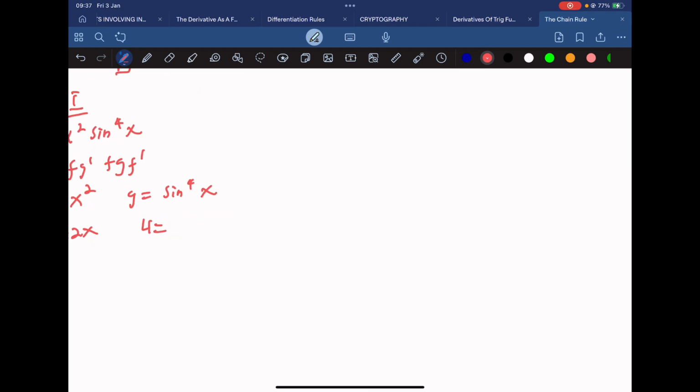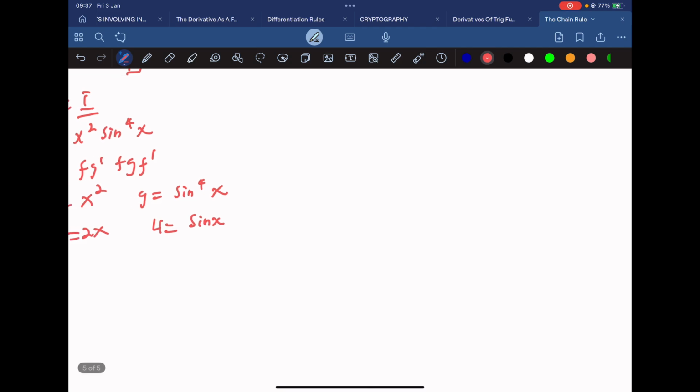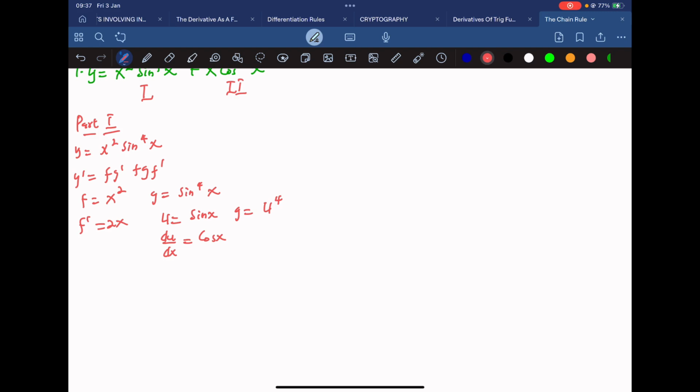Your u is just sine of x without the exponent. Now rewriting it, your g now becomes u to the 4. So if we differentiate u with respect to x, if we differentiate sine of x, you have cosine of x. And if you differentiate g with respect to u using the power rule, you have 4u to the third.